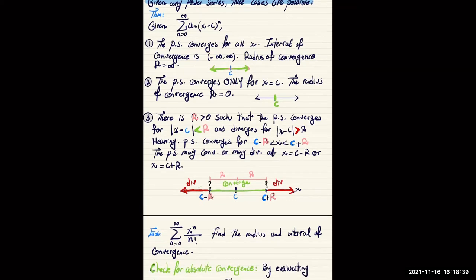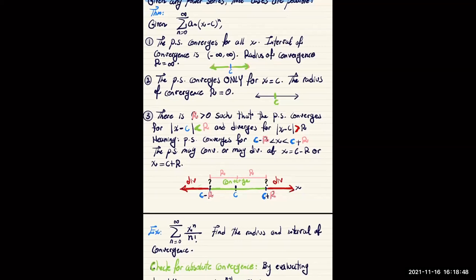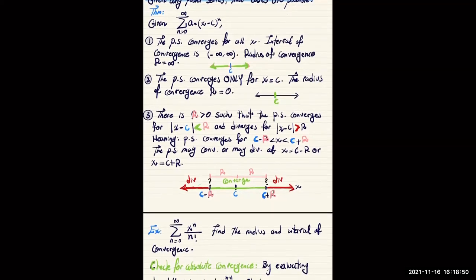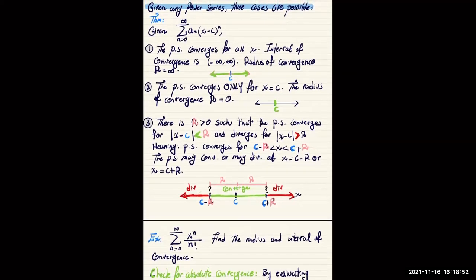We have some power series that converge almost nowhere, okay? The radius of convergence is 0. There is no interval of convergence, but the power series does converge when x is equal to c, because when you put c here, basically every term becomes 0, except for the constant.